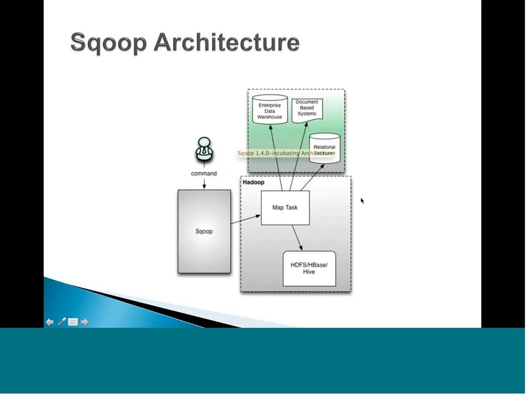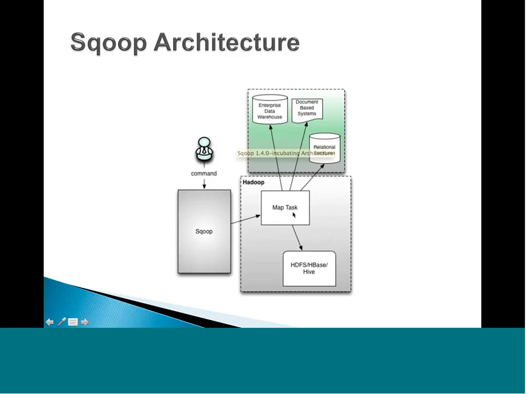So this is the Sqoop architecture. Sqoop means Sqoop version 1, and Sqoop2 means the latest version, which is still in beta. It is primarily a command line interface, so there is not much complexity in setting up Sqoop. Sqoop1 uses map tasks.